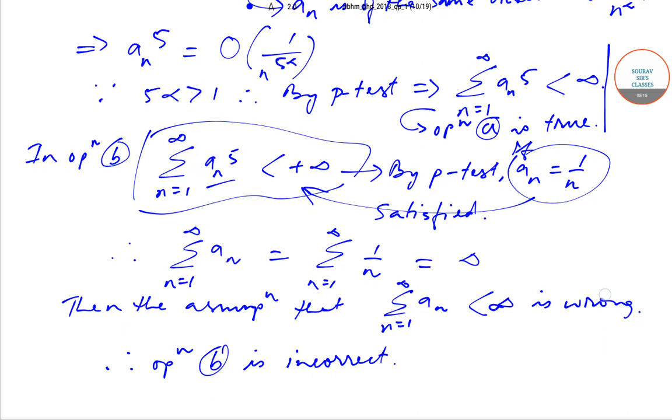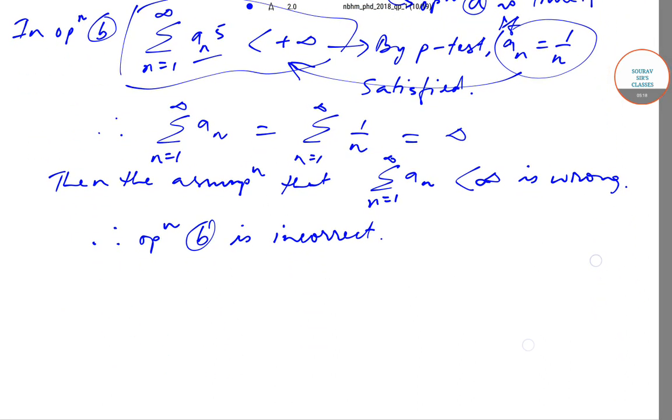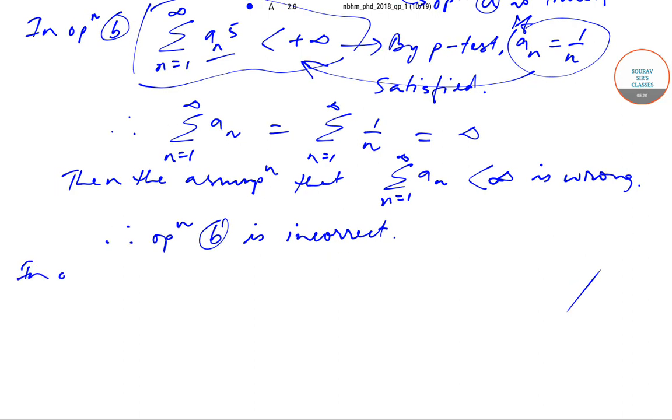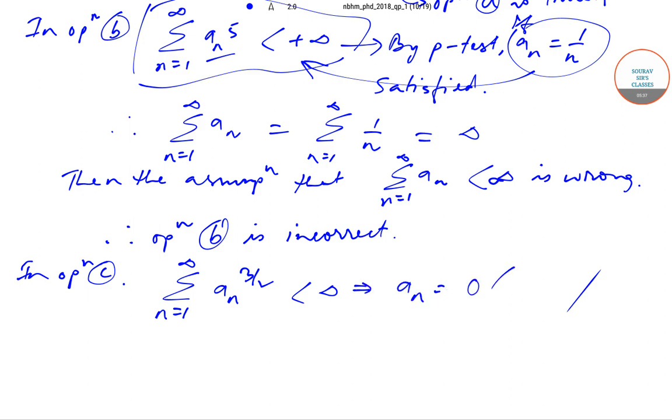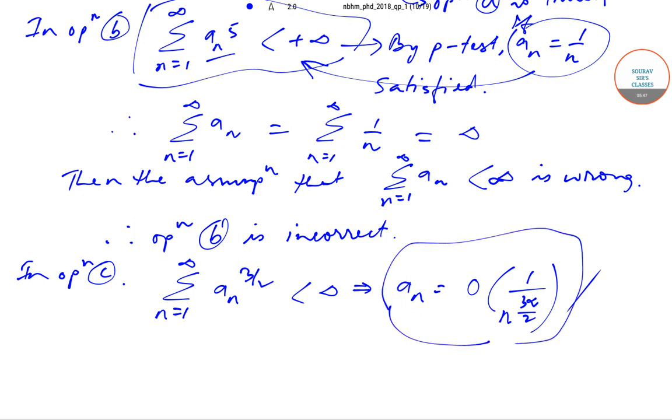Now let's shift our focus to option C. In option C it has been said that the summation of a_n to the power 3/2, as n goes from 1 to infinity, is less than infinity. So we can write that a_n is equal to big O of 1 by n to the power 3 alpha by 2, where alpha is greater than 1.